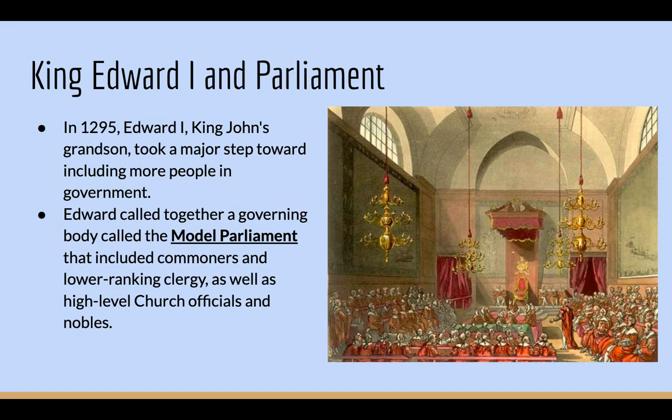Edward called together a governing body called the Model Parliament that included commoners and lower-ranking clergy, as well as high-level church officials and nobles. So we're going to talk about why this is so influential.